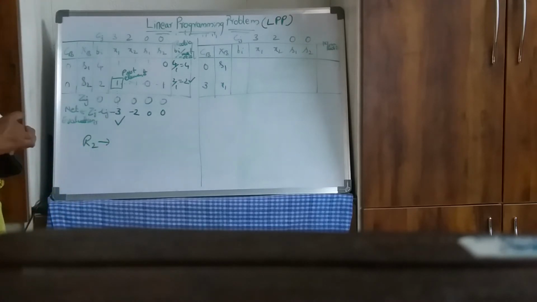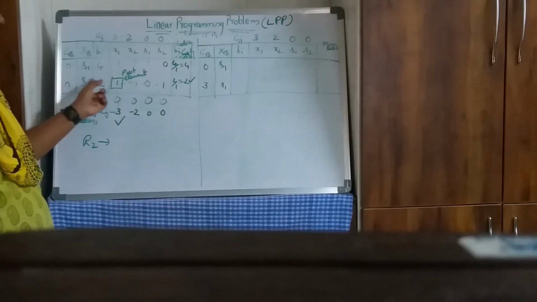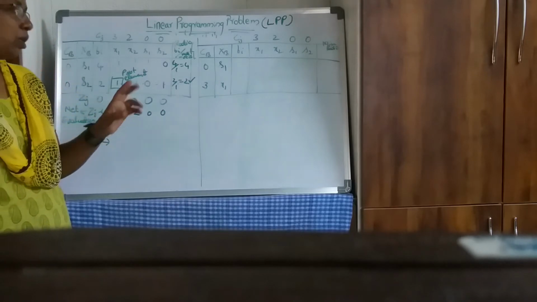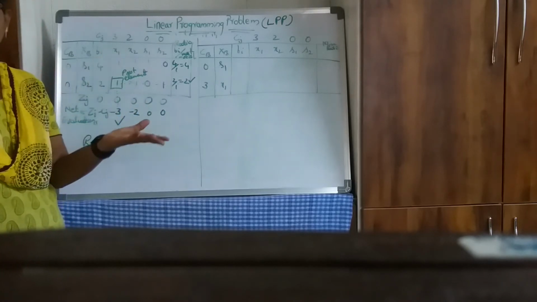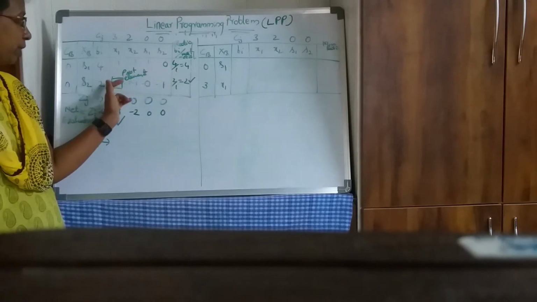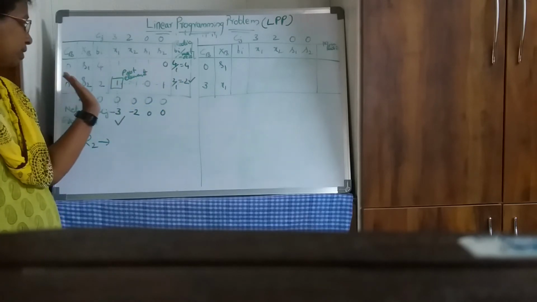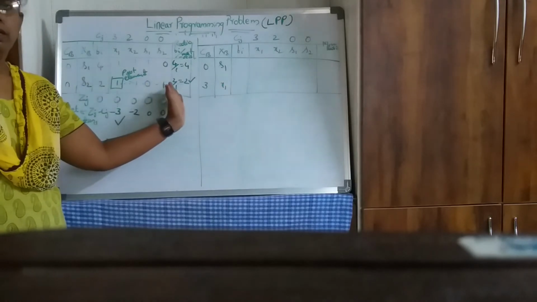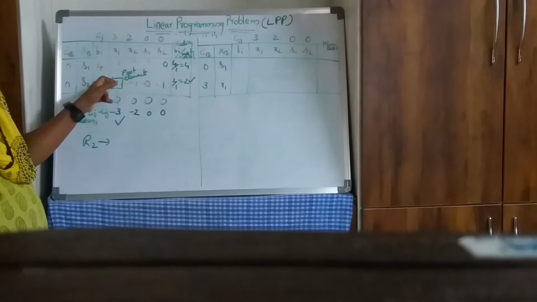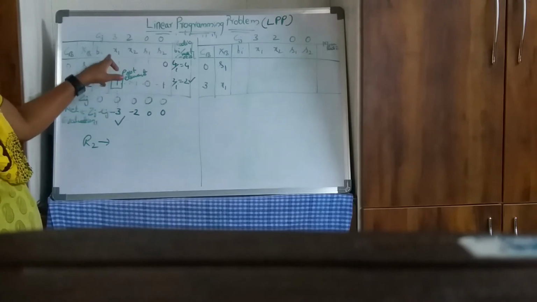What is the transformation I have to make? I have to make transformations in that row in such a way that the pivot element is always 1. Now here in this problem it is already 1, so I can write directly R2 as R2. If I have the pivot element here as 5, I should divide this second row from BI with 5 so that it will become 1. And all other elements in that column should be 0.